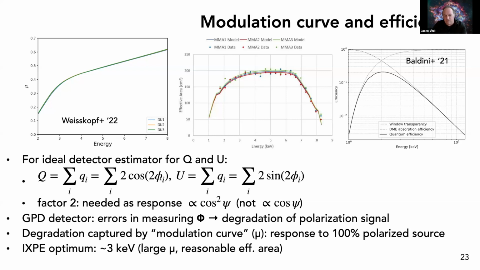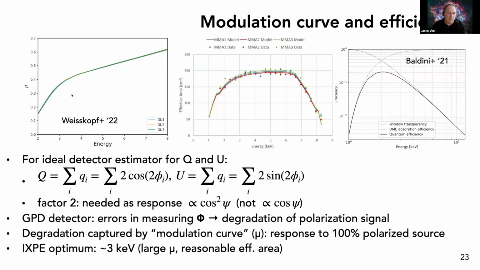Since phi has some finite error, which can be quite large, and the error becomes larger at lower energies, the polarization effect that you measure is less than the actual polarization factor, and we use the modulation factor as a measure for that. This tells you what the Q and the U are for a 100% polarized source.